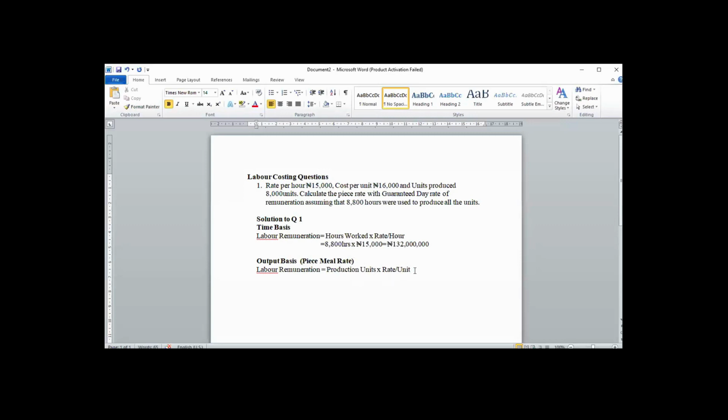To calculate this, we consider what is the quantity produced? The total unit produced, 8,000. Times what is the rate?